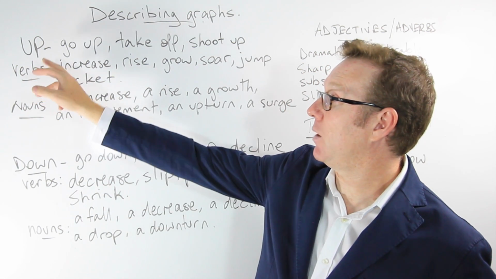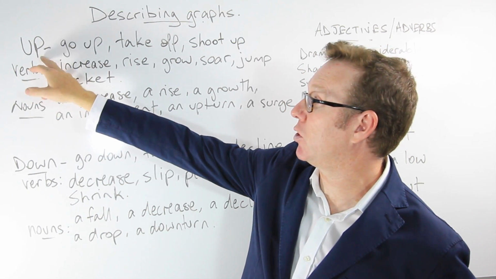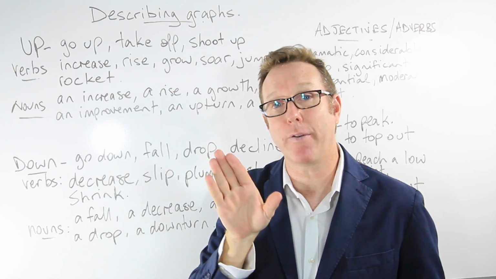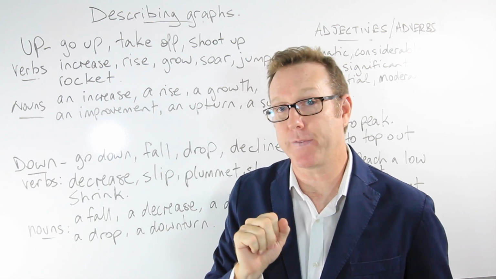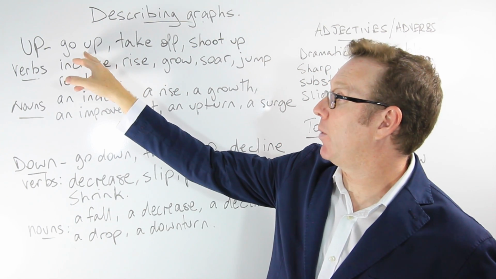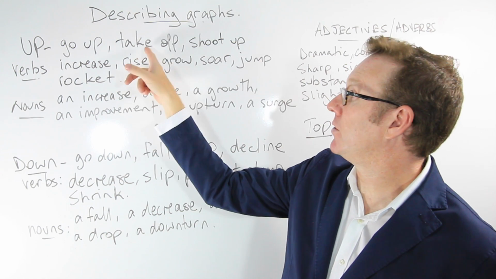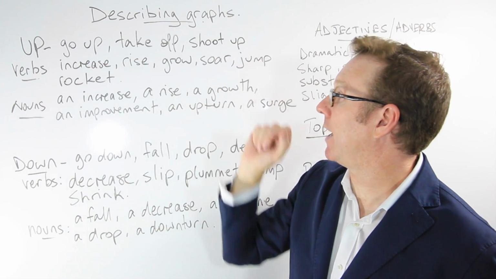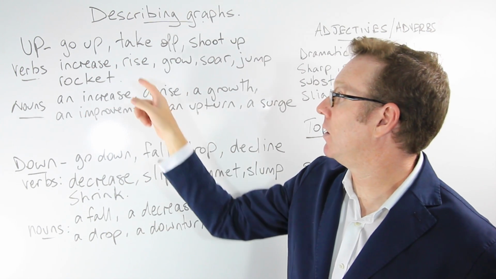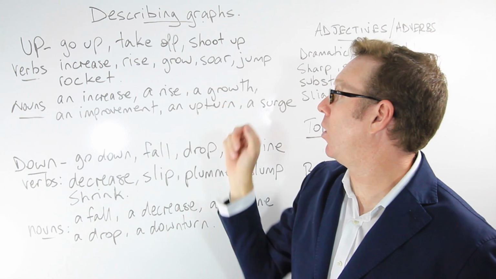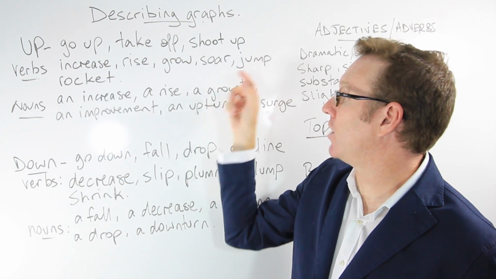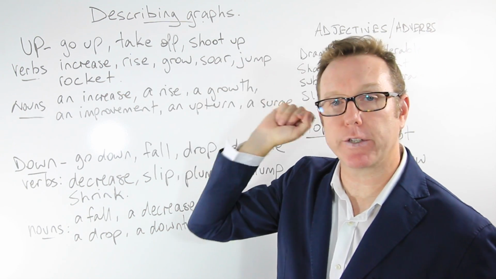Now, firstly, today we are going to look at the verbs that we use when we talk about upward movements on graphs. Now, the verbs that we have are to go up, to take off, to shoot up, to increase, to rise, to grow, to soar, to jump, and to rocket.